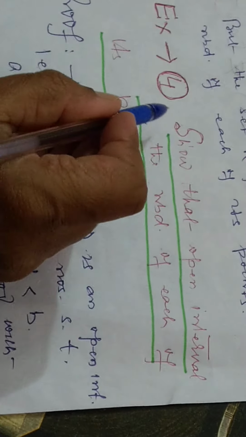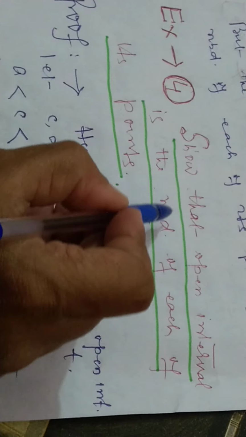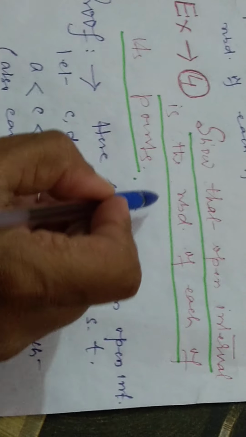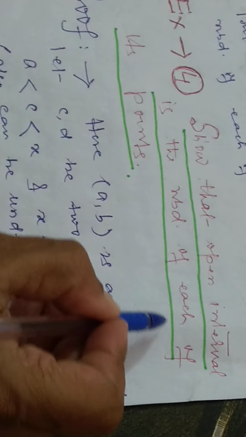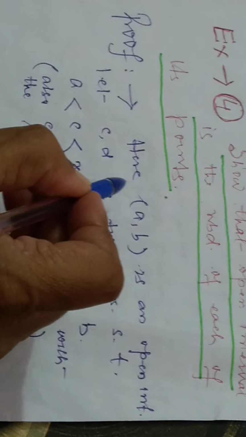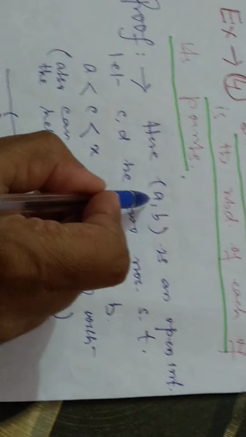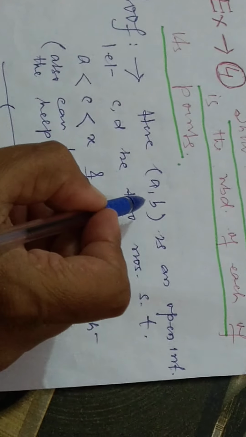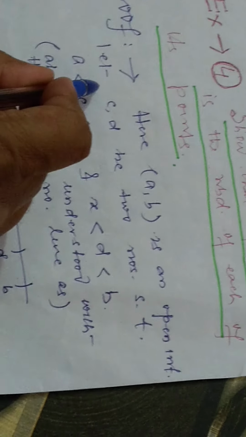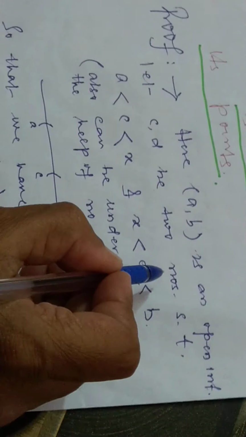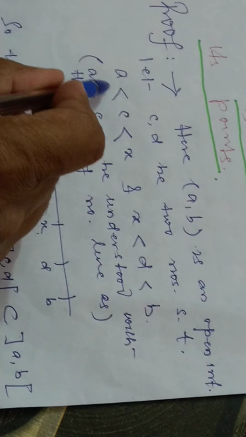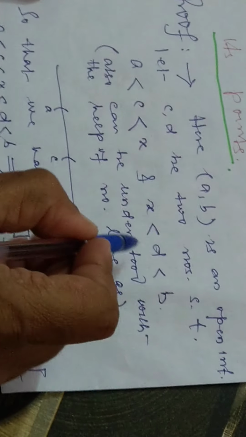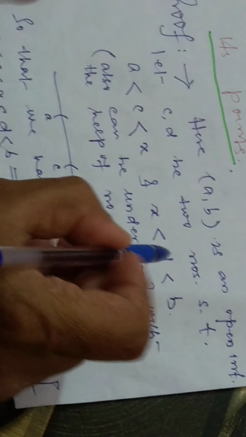Next example, and a question like this can be asked from you students: show that an open interval is the neighborhood of each of its points. Let us take an open interval (a, b), and let c and d be two numbers such that a is less than c is less than x, and x is less than d is less than b.